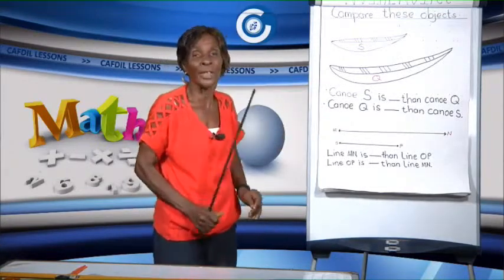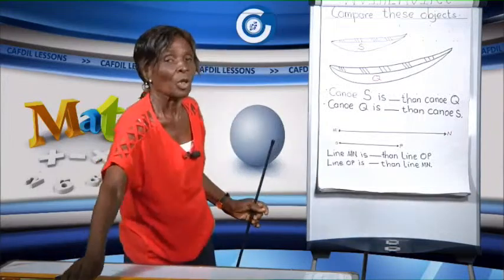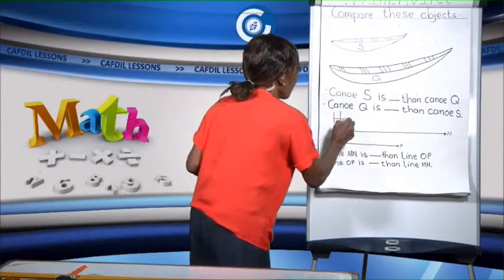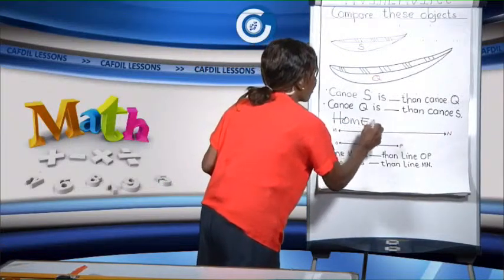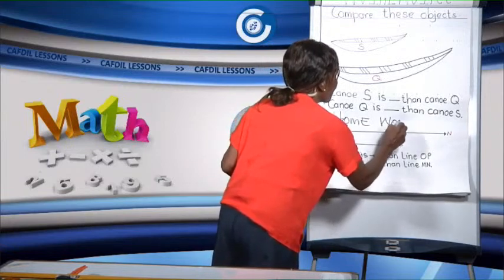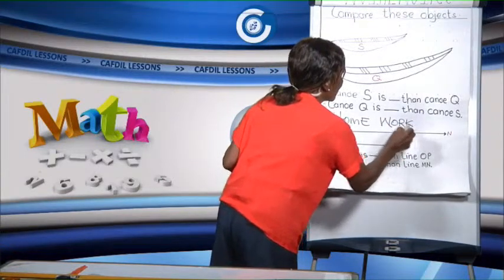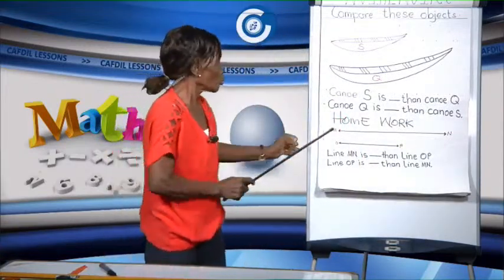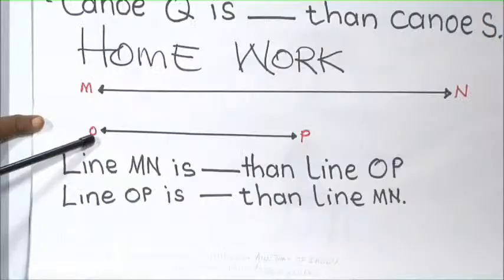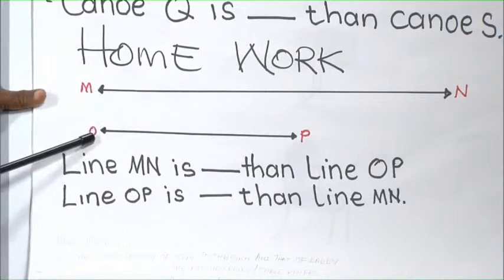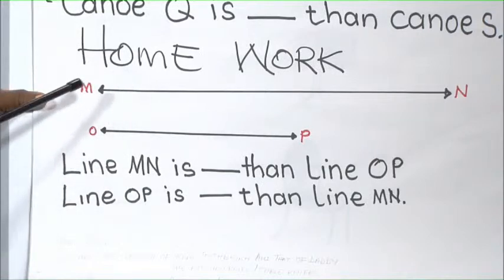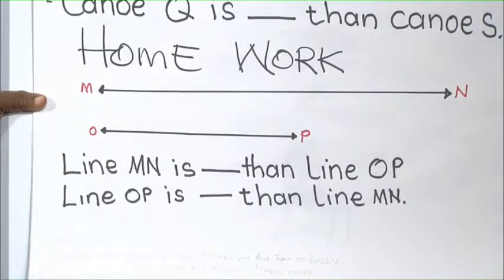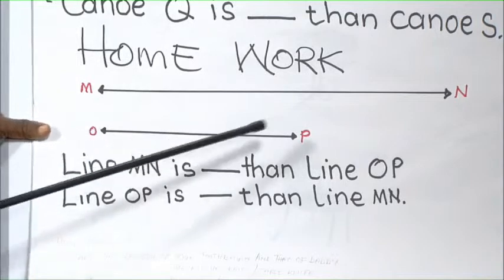Now for our homework. You are going to draw these 2 lines, line MN and line OP.